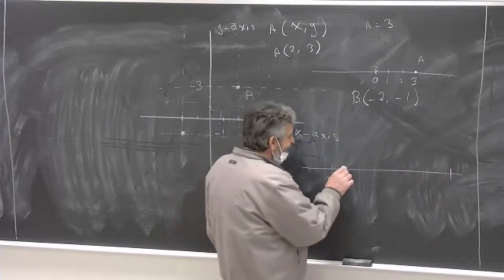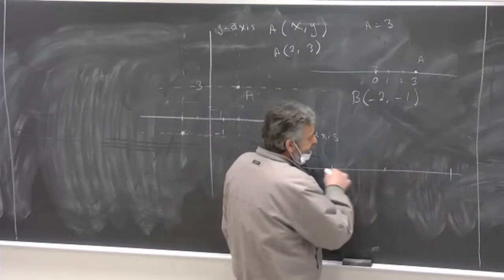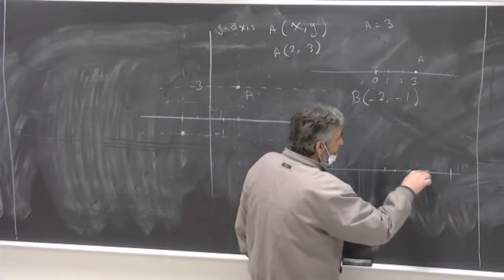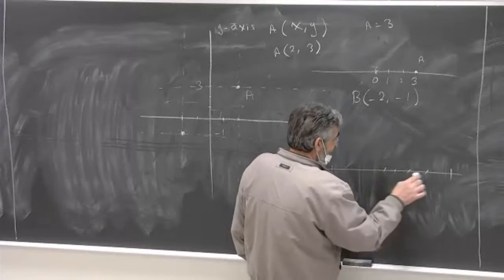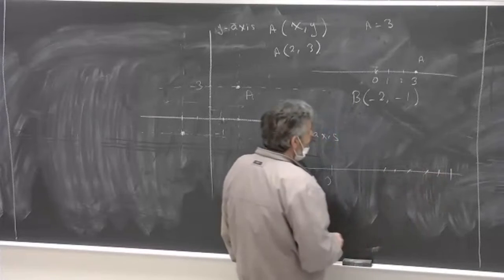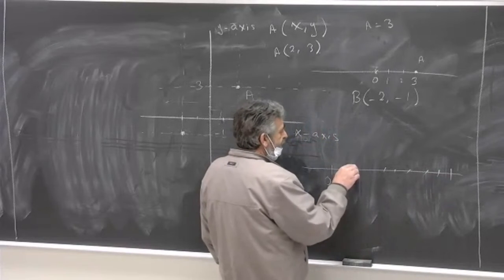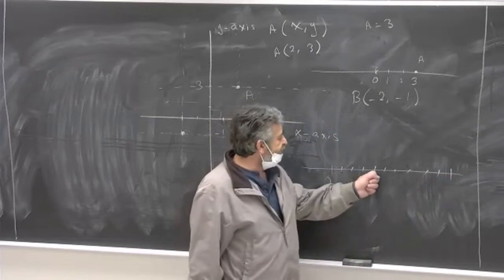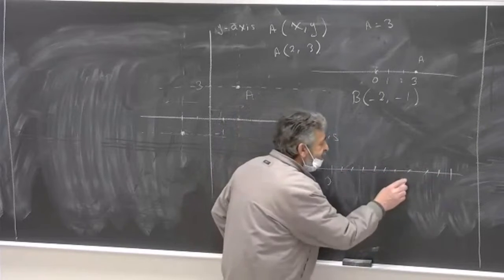And then for 0.7, I can divide this into 10 pieces, right? 1, 2, 3, 4, 5, 6, 7. This is 0.7.